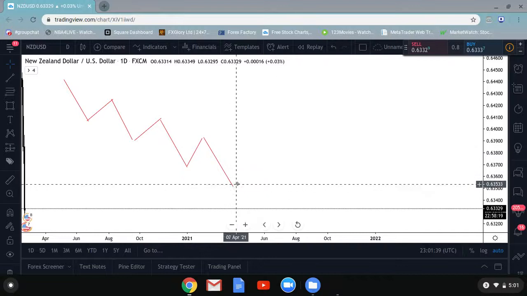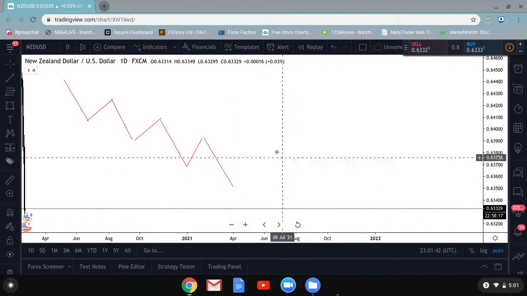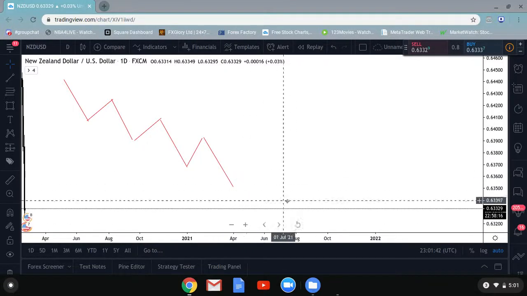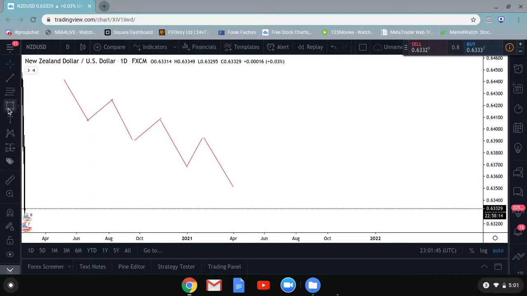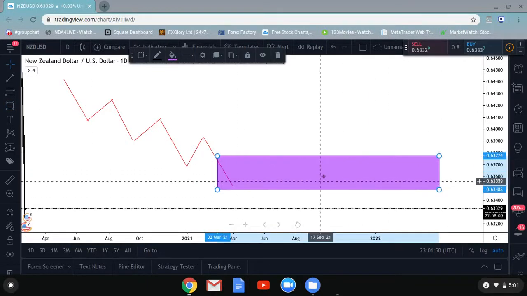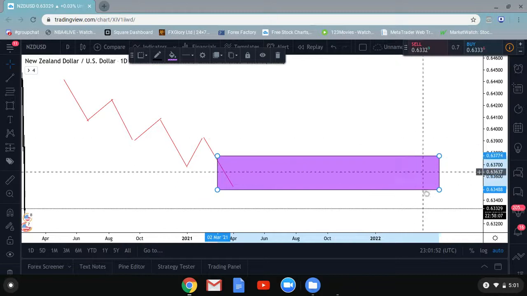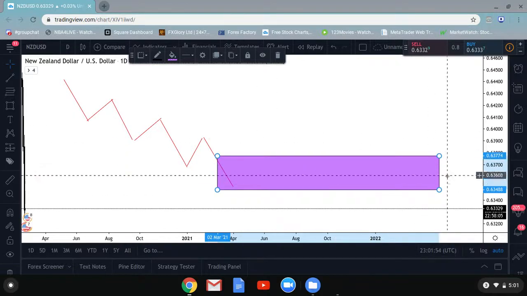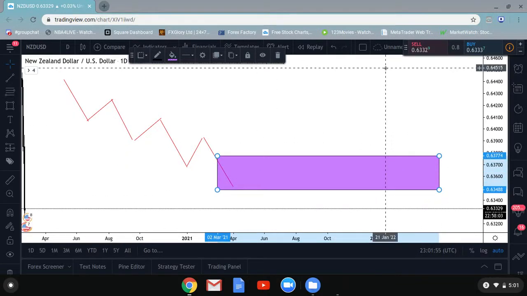Some people are like, yeah, let's continue this trend, it's going to keep going down. So people are selling, and that's what causes price to range. It would be in a range like this, and price goes back and forth before it finally makes up its mind and decides which direction it's going to go.